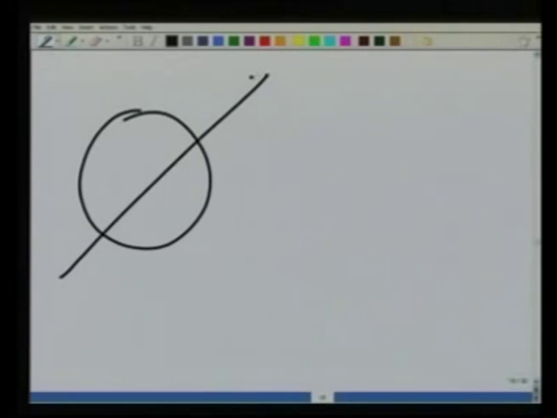For example, let me just illustrate this with a very simple example. If I take a solid ball, give it a spin omega about an axis, and leave it on the floor, which has friction, at an angle theta from the vertical.